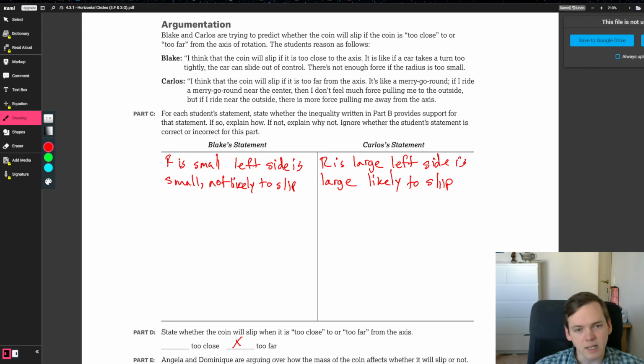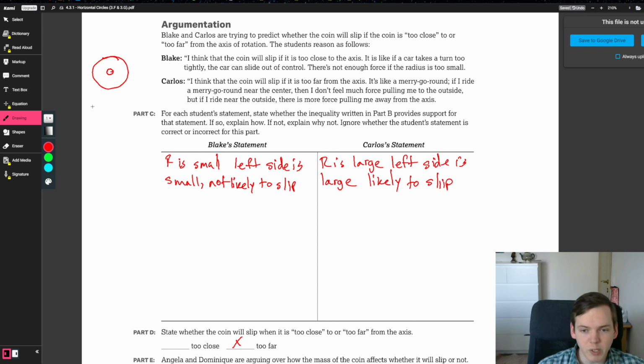So Blake is saying that if your car is making too tight of a turn, it can slide out of control. That's true if you're trying to go too quickly. But in this case, in our example of a turntable, the turntable is setting the speed essentially. So the closer you are, the less quickly it's moving because everything has a constant rotational speed.